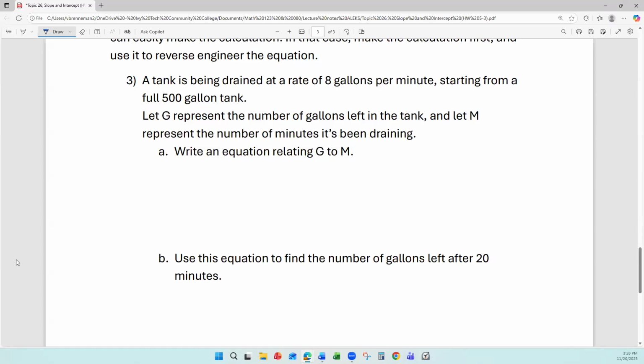A couple different ways you might think of this. One is I start with the 8. It's 8 gallons per minute, so I know that's my change amount. I'm going to use the units to help me figure out the calculation. 8 gallons per minute is going to have to be multiplied by the number of minutes.